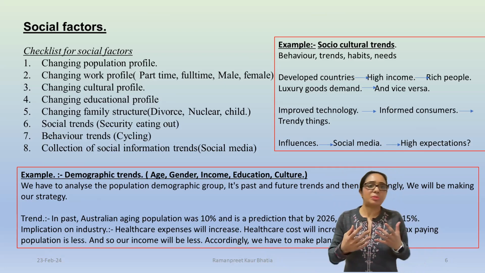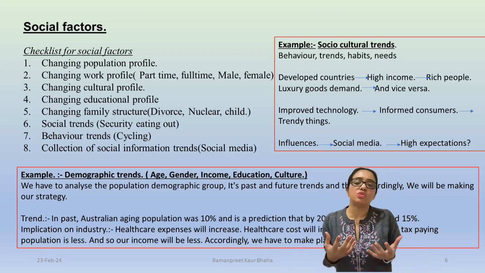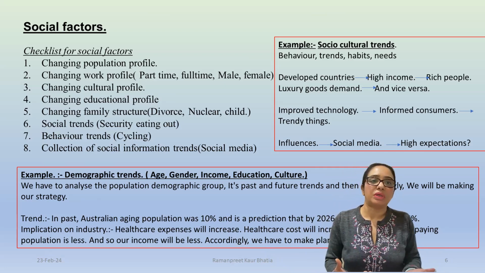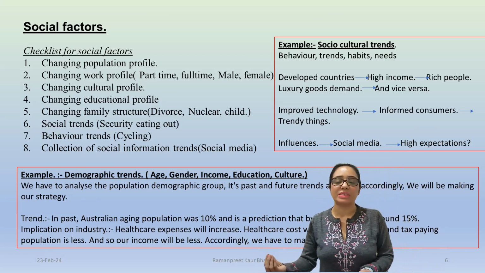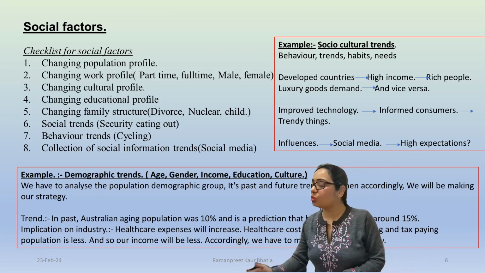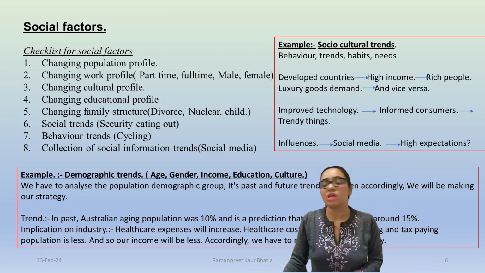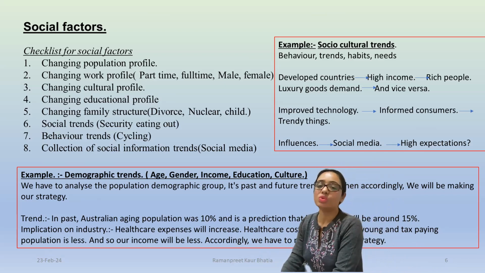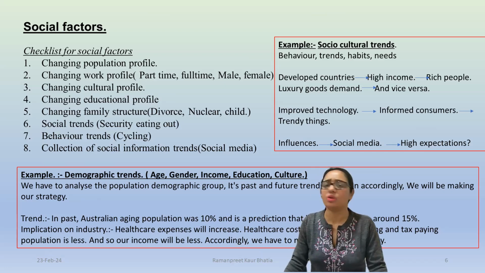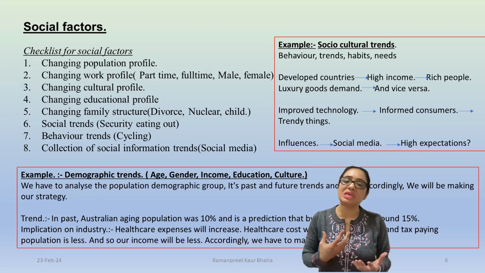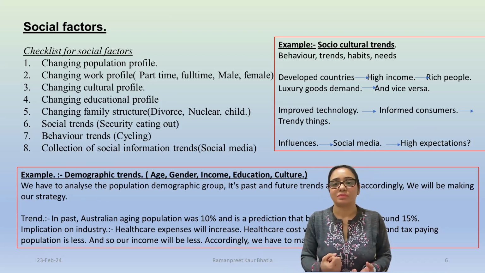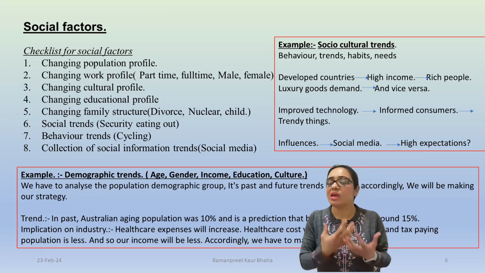We say that in developed countries, people usually have higher disposable income, right? So the demand for luxury products would be more in that place. If you say that I want to produce a luxury brand, but I want to introduce that product in a developing economy, no, it's not right. Because in a developing economy, people are already busy making a living. They are already busy doing their work.